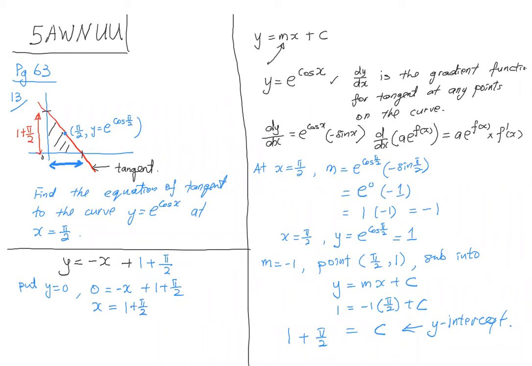So now you have this. Can you find the area of the triangle? Therefore, the area will be half base times height. Done.